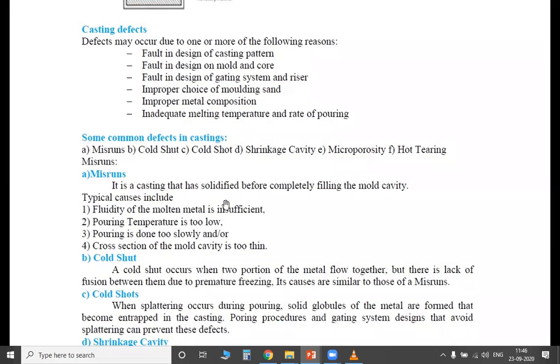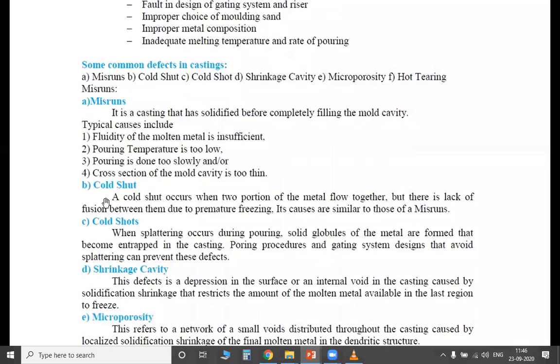So this comes under misruns: the casting has solidified before completely filling the mold cavity. Now the cold shut occurs when two portions of the metal flow together, but there is a lack of fusion between them due to premature freezing. Its causes are similar to those of misruns.